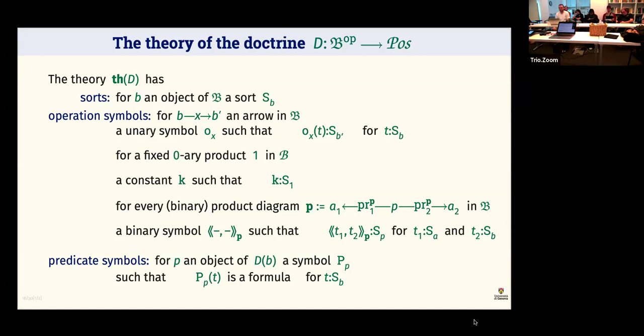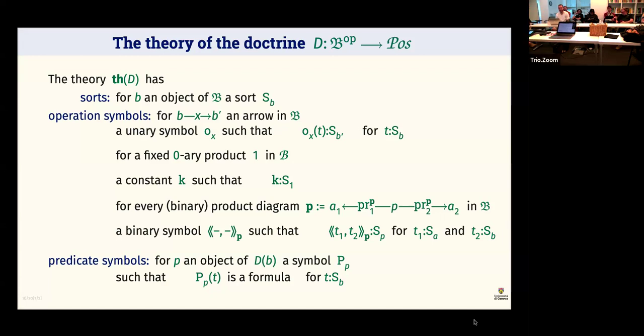So there are these three sorts, and, because of that condition, there are already operation symbols, unary symbols for this arrow and for that arrow, and they have source and target declared.